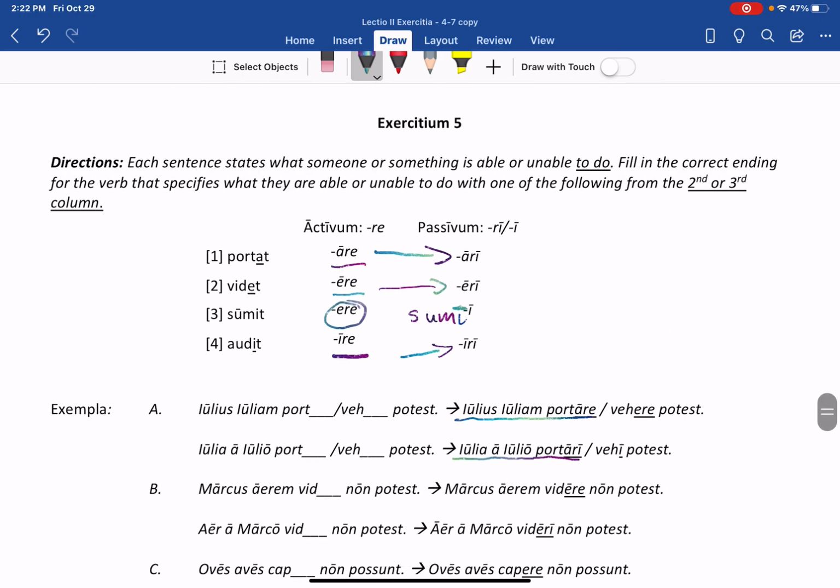So some of you forgot, for instance, maybe that sumere was part of the third conjugation, and instead thought it was like videre. And so you just mixed up these endings here. But that's not a primary worry so long as you're correcting yourself and remembering which conjugation they're part of. I'm more concerned that you can tell the difference between the active infinitive and the passive infinitive.